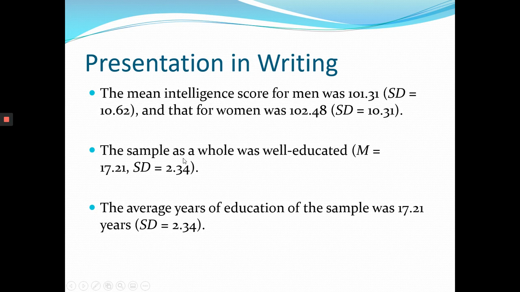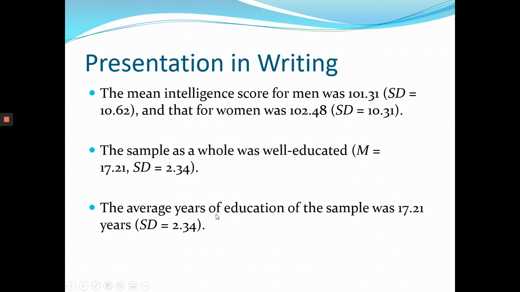Because variance is also an average, but the standard deviation puts it into the units that we're studying. Here, the standard deviation is in years for the second example. For the first example, the standard deviation is in terms of points on the IQ test. So the nice thing about taking the standard deviation versus the variance is it puts it into the units we're studying: the first one is IQ points, the second one is years.